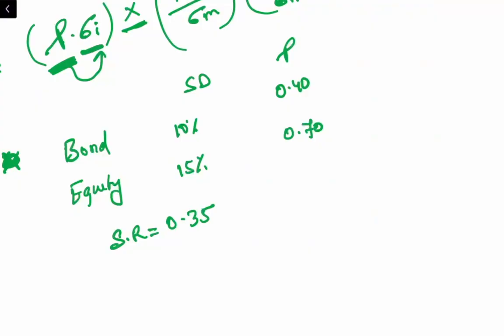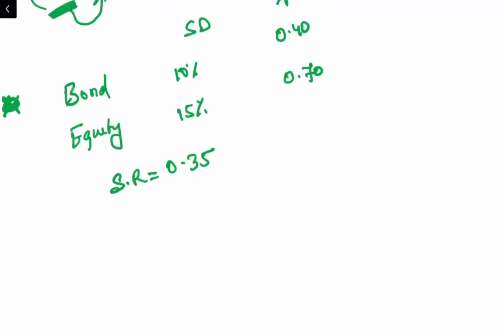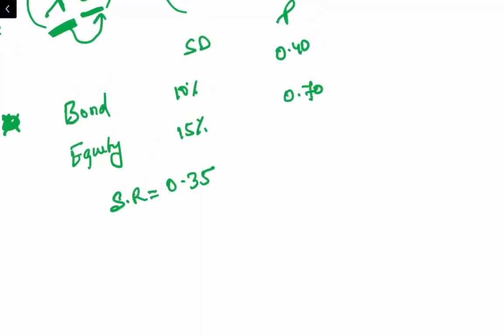So now, can we calculate the risk premium for bonds and equity based on this information? The answer is yes. How to calculate the risk premium? Correlation multiplied with the standard deviation of the asset multiplied with the Sharpe ratio.